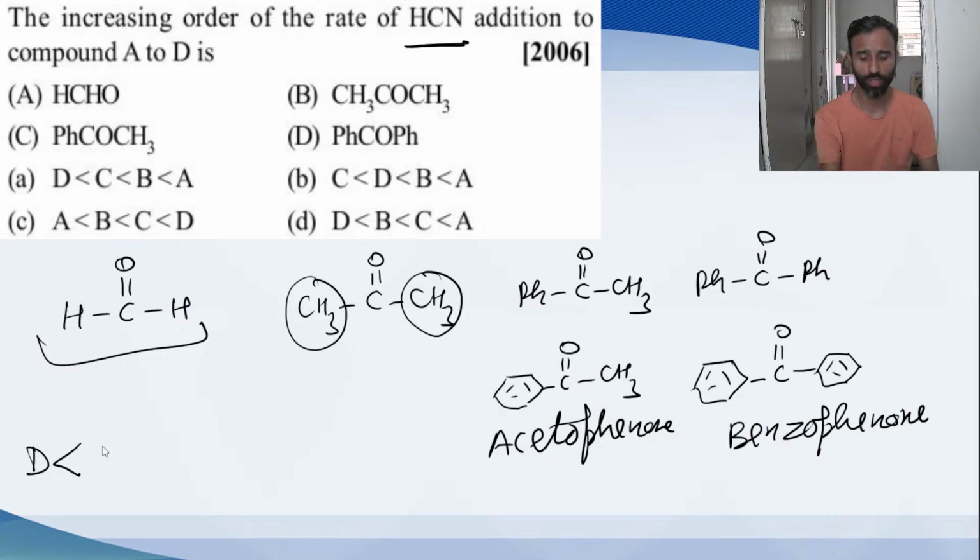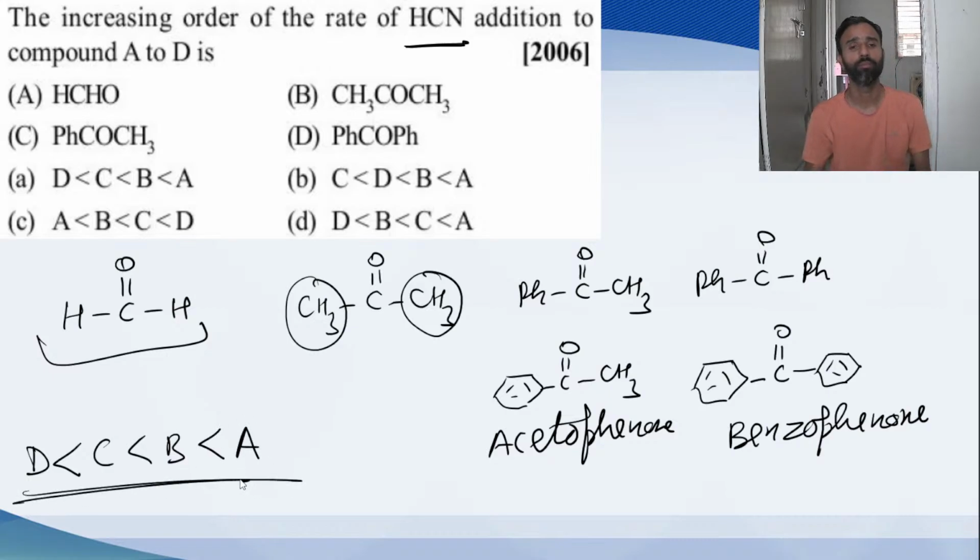So benzophenone, and then come to acetophenone. Then it is acetone and most reactive is formaldehyde, being least hindered and at the same time no releasing group attached. So this is A, B, C, D. That means option A is the right one.